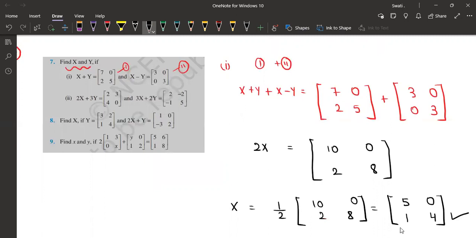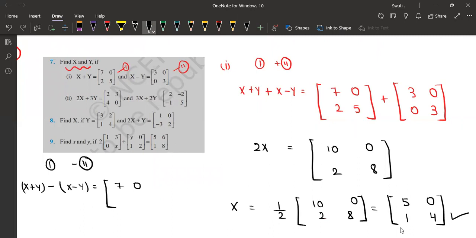Now in the first question, we also need to find the value of y, right? To find y, I'm going to subtract equation 2 from equation 1. So this is going to be x plus y, let's write this in brackets, minus the second one, x minus y. What will happen to the matrices?